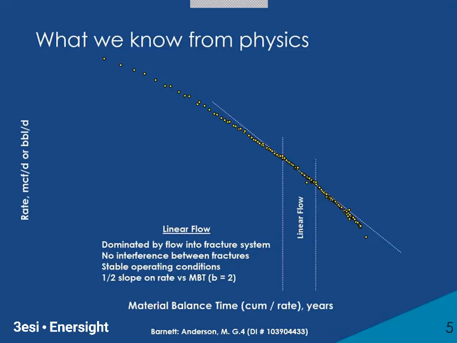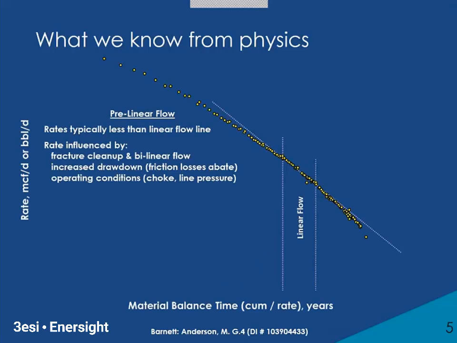So when we are looking at what the physics are for linear flow, we expect from the analytical equations for linear flow, we expect to have a half slope when we plot log of rate versus log of material balance time. And you can see that half slope on the graph, and depending on where the data deviates from that half slope, we have two other pieces of information.